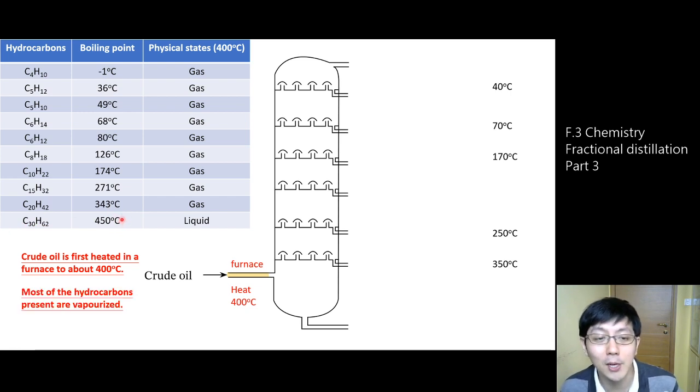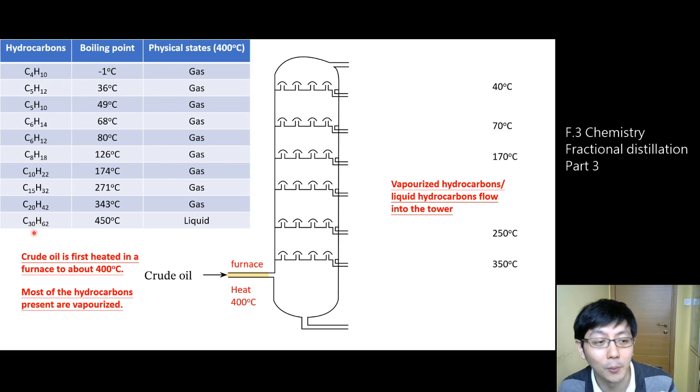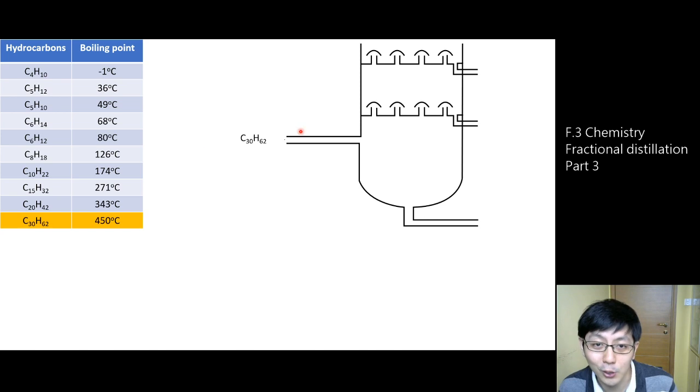Now for those hydrocarbons that exist as gas, they will vaporize and go up, and eventually they go up. I'll talk about this later on. Now I move to the first example, this one, C30H62. Because the boiling point is 450 degrees Celsius, if we heat in the furnace at 400 degrees Celsius, it still exists as liquid.